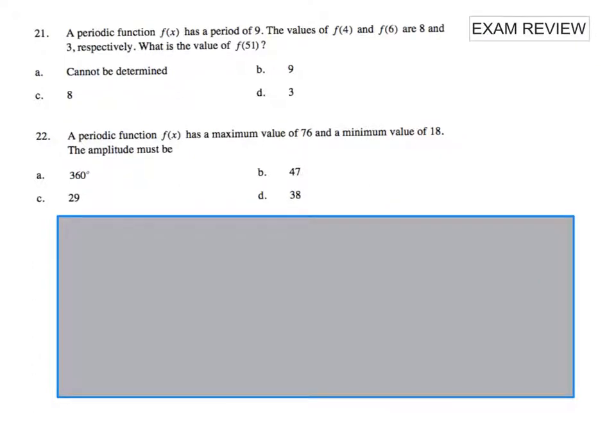So 21, a periodic function has a period of 9. The values of f4 and f9 are 6 and 8. And so what is the value of f51? So this means that all the values, f9, as it's periodic, will equal f18, will equal f27, will equal f36, will equal f45.